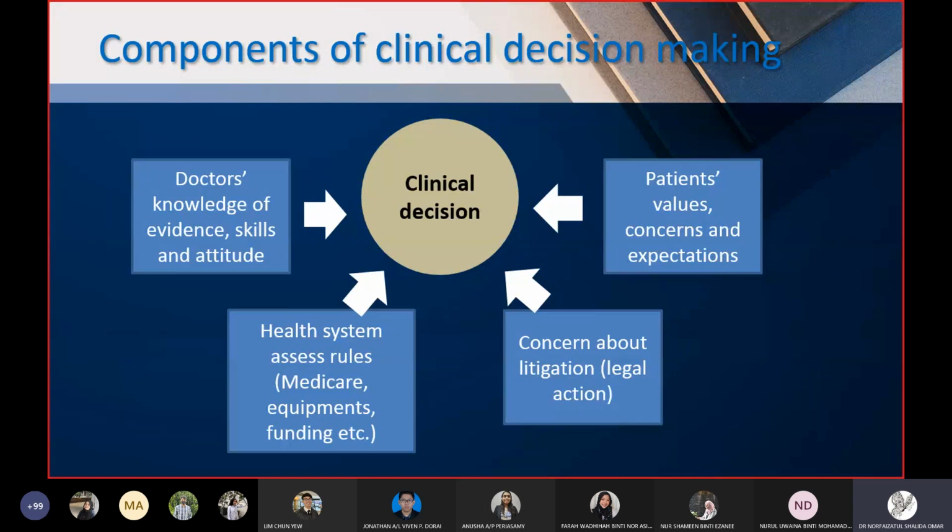and their expectations. Patients expect us to make the best decision for them, the best treatment. They will ask for the best treatment and so on. So we need to have ample knowledge on how to advise them on the best way to treat them.